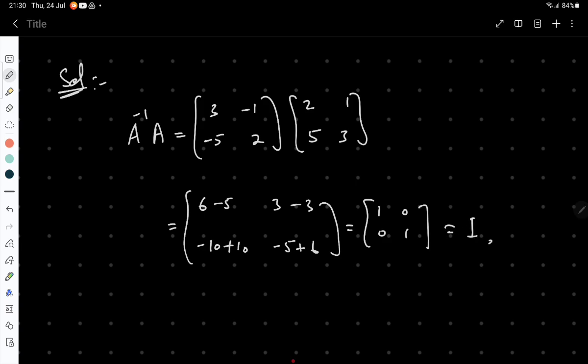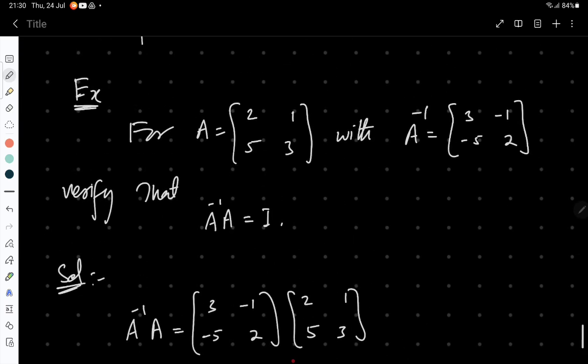Hence it is I2, and this is proved because both are inverses and we have to prove this. This is equal to I2.